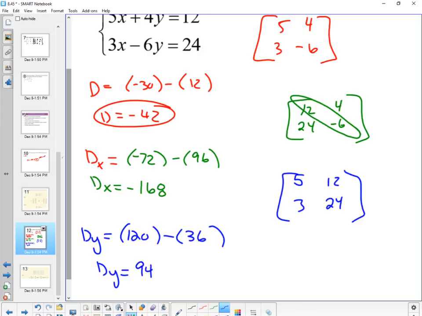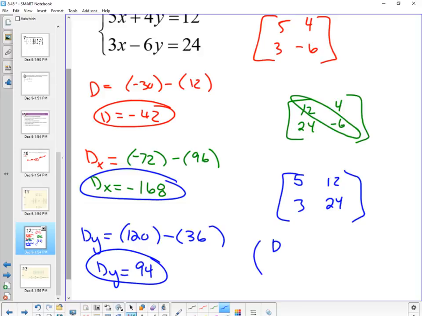Now that I have d sub x and d sub y, the solution will be in the form of d sub x over d, and d sub y over d.